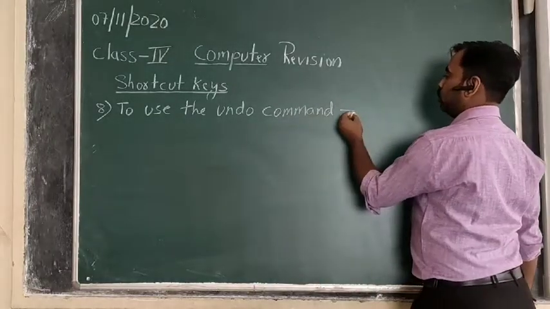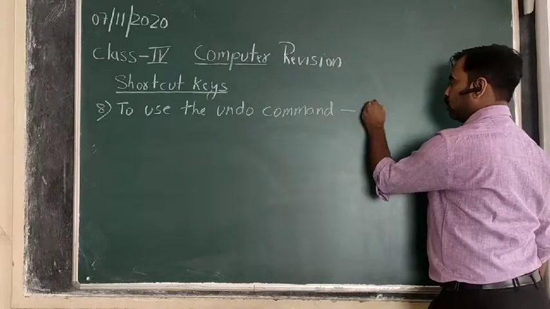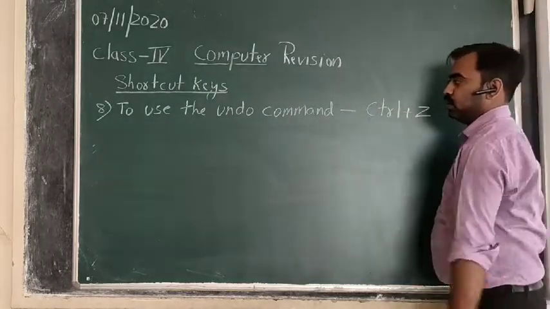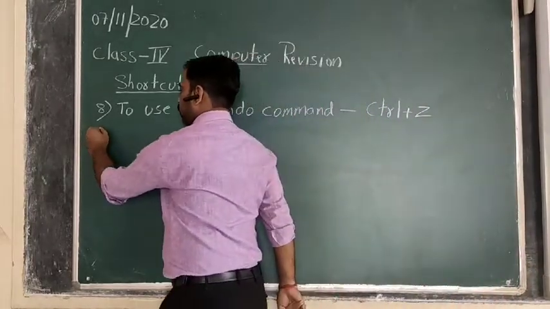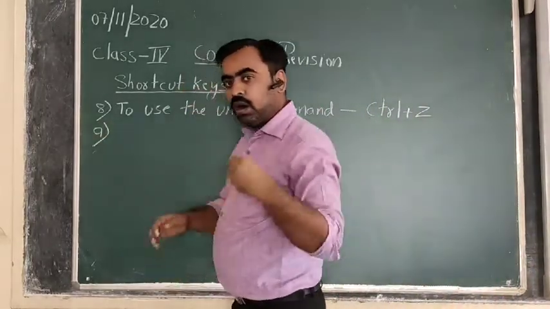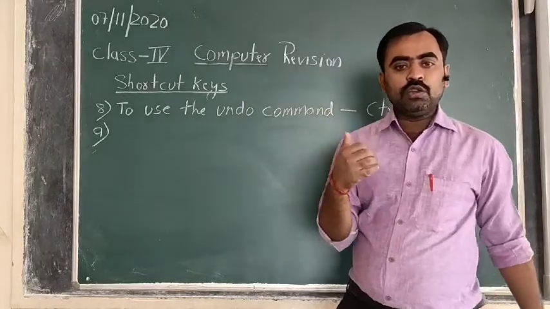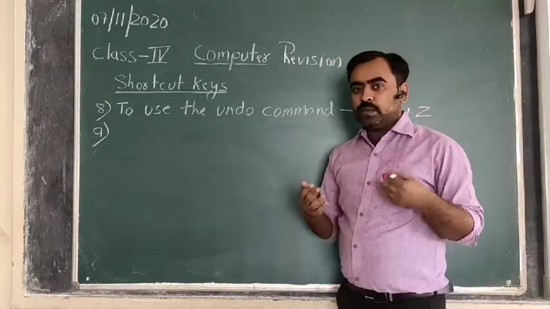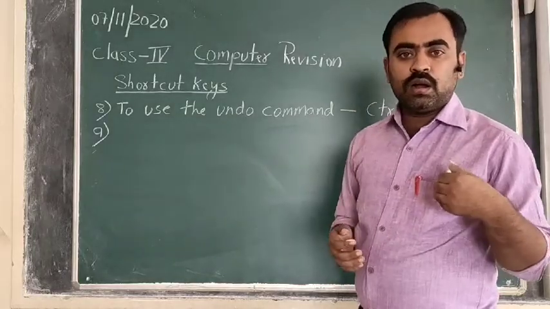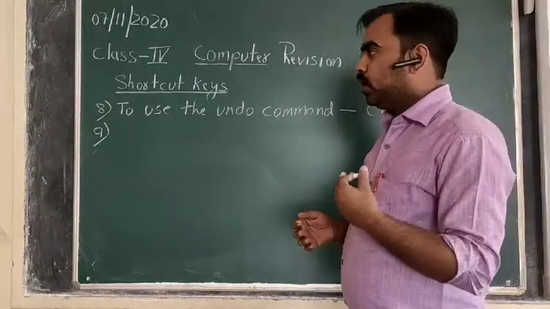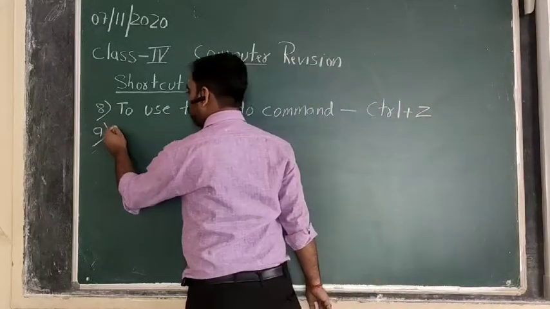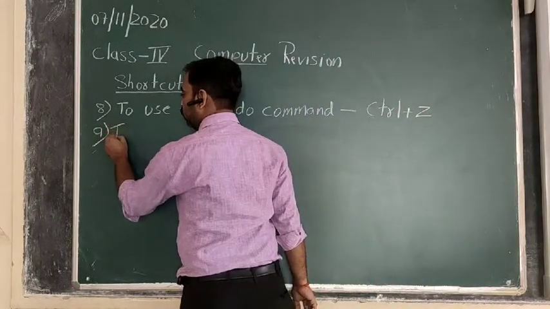To use the undo command, you can use the shortcut key Control plus Z. Now, if by mistake you have used the undo command and you want to get it back, you can use the redo command.